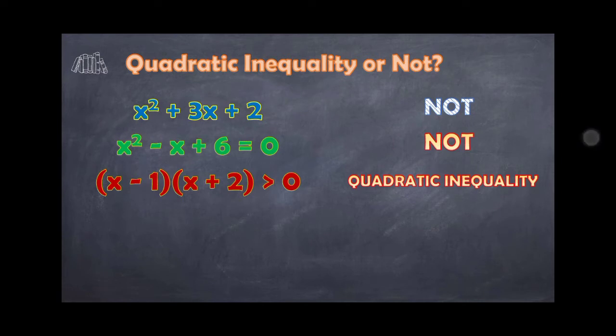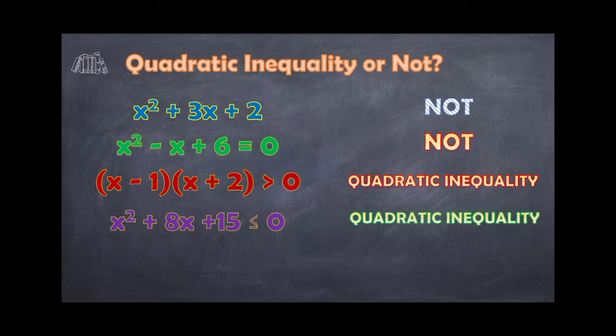Then, next is x squared plus 8x plus 15 is less than or equal to 0. So, present ang ating quadratic term. Ang symbol na ginamit ay less than or equal to. So, meaning, this is a quadratic inequality.